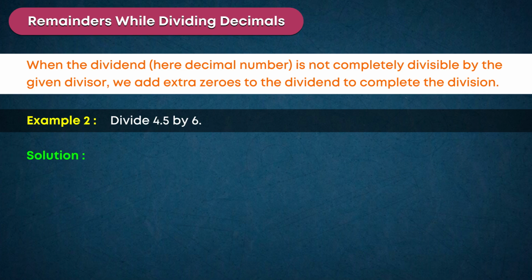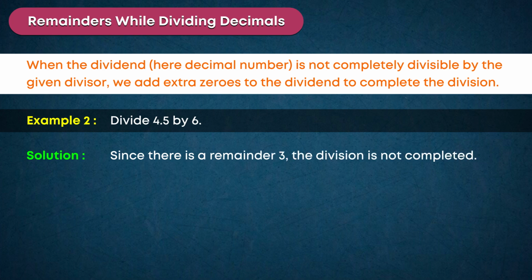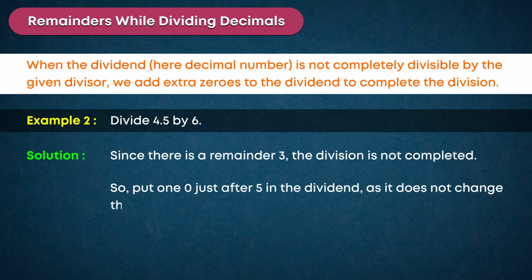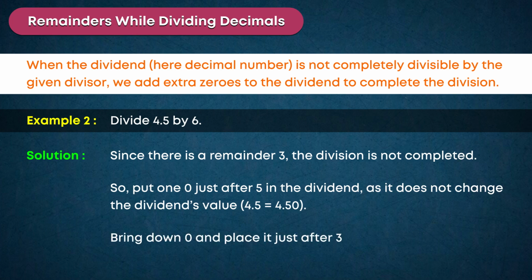Solution. Since there is a remainder 3, the division is not completed. So, put 1 zero just after 5 in the dividend, as it does not change the dividend's value. 4.5 is equal to 4.50. Bring down 0 and place it just after 3 to form 30, and hence divide by 6.